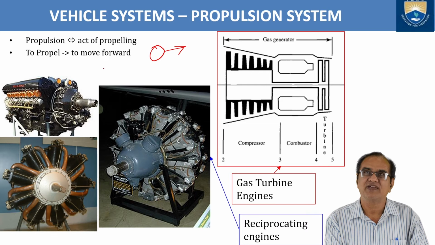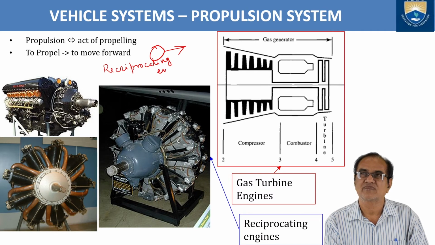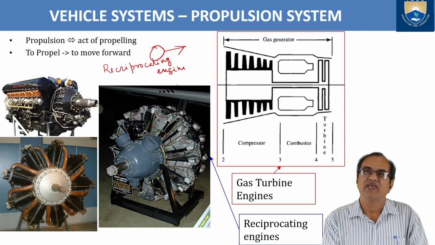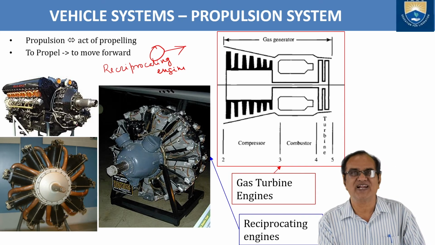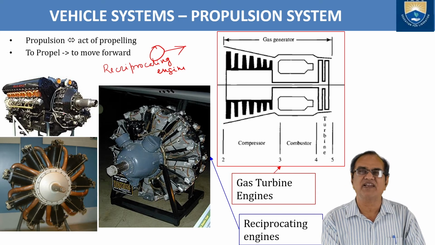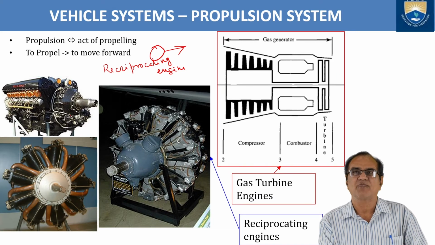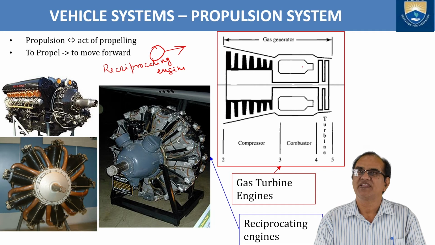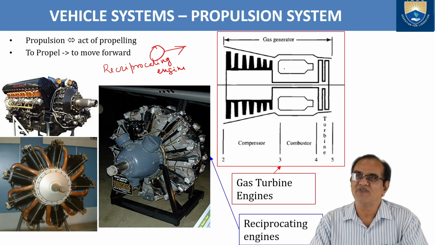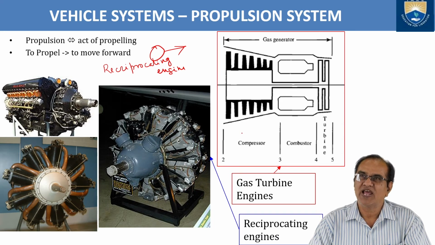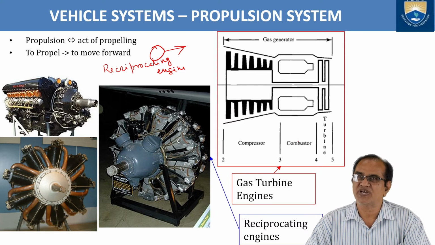Here we have the reciprocating engine. In this we have the piston engine and the cylinder engine. These pistons and cylinders are moving up and down and we are getting the propulsion in this. Then we have the turbo engine, which I have just described. We have one compressor, one combustor, then the turbine.